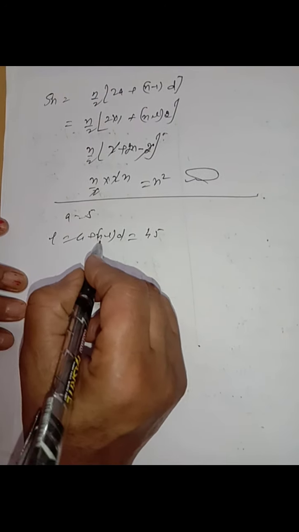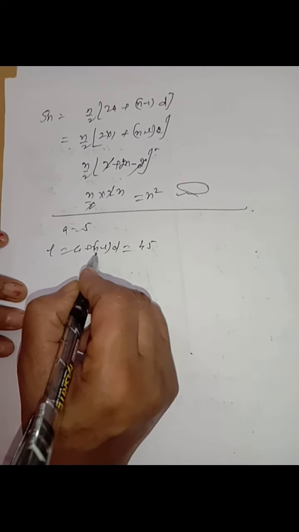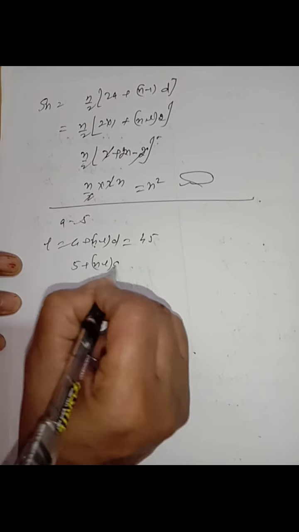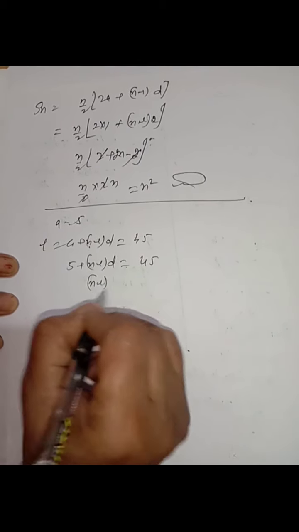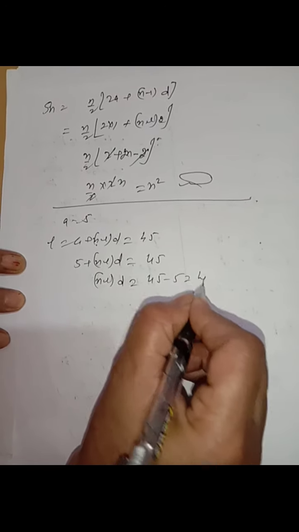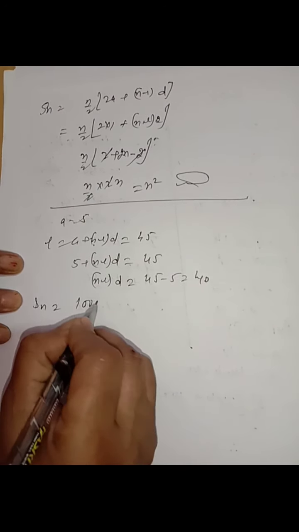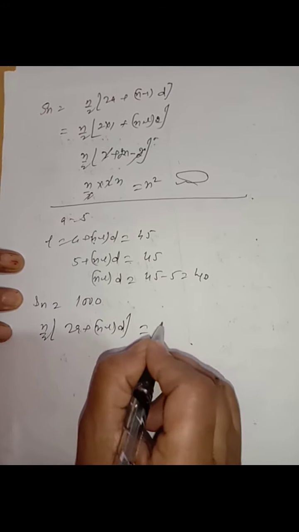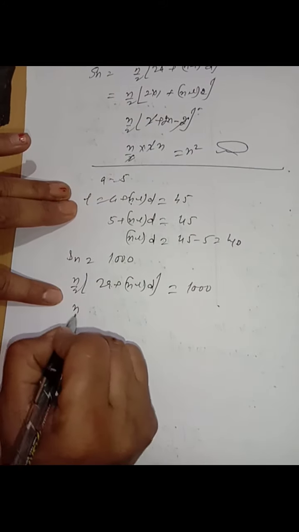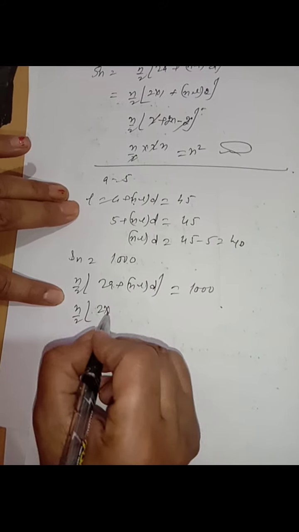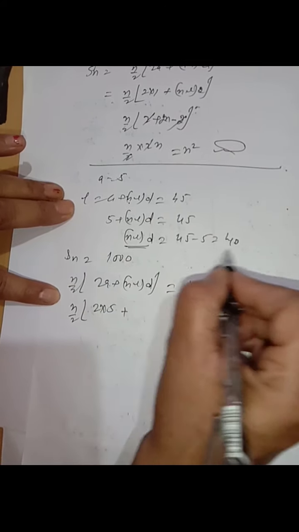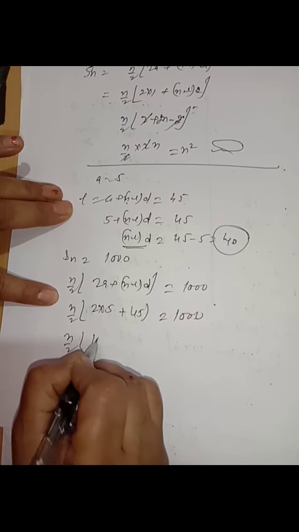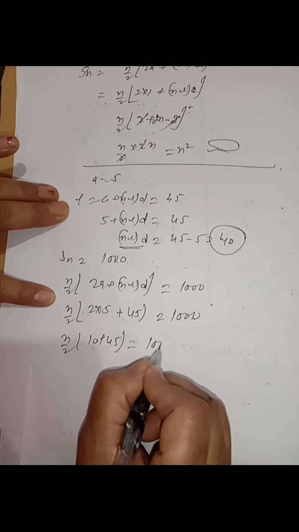Firstly we will find n. 5 plus n minus 1 into d is 45, so n minus 1 into d is 45 minus 5, which is 40. Sn is given as 1000, so n by 2 into 2a plus n minus 1 into d is 1000. So n by 2 into 10 plus 40 is 1000, that is n by 2 into 50.